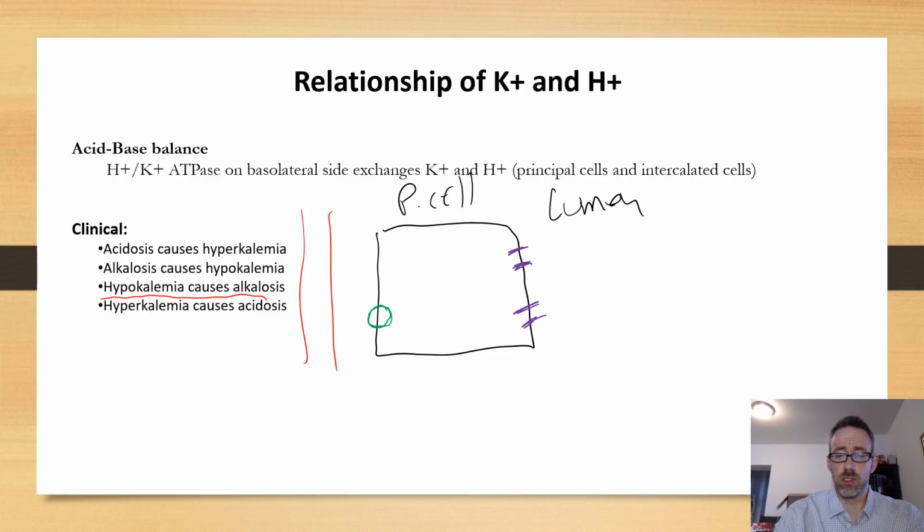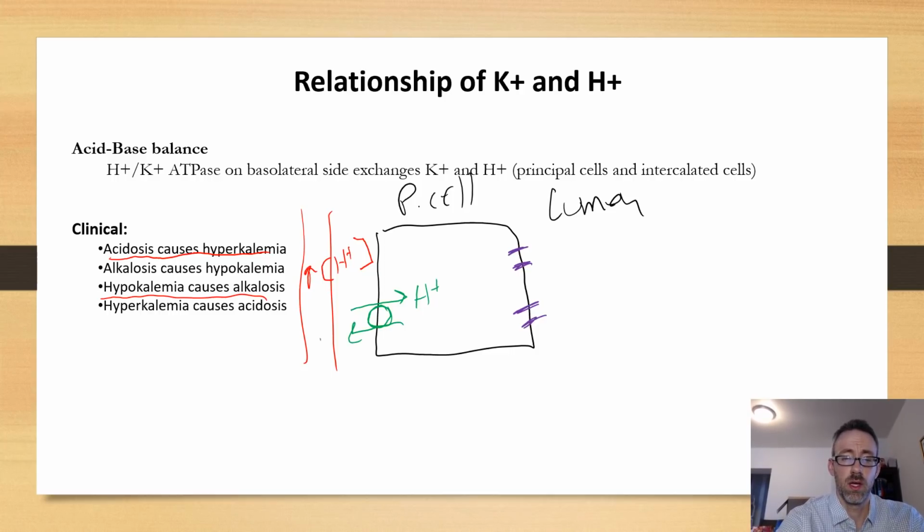Let's take acidosis, for example. We'll take this first case where acidosis can cause hyperkalemia. In a state of acidosis, we have an increase in our proton concentration. What this means is that these exchangers will move the proton into the cell in exchange for the potassium to help us regulate our pH.